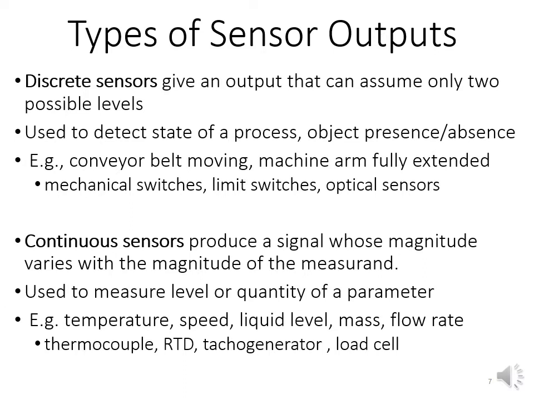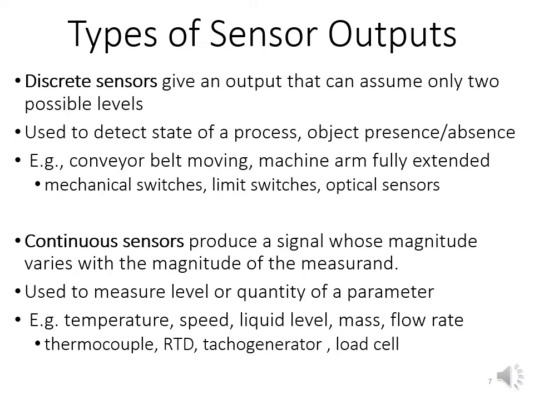Continuous sensors are sensors that produce a signal whose magnitude varies with the magnitude of the measurement. They can be used to measure such things as level or quantity of a parameter.